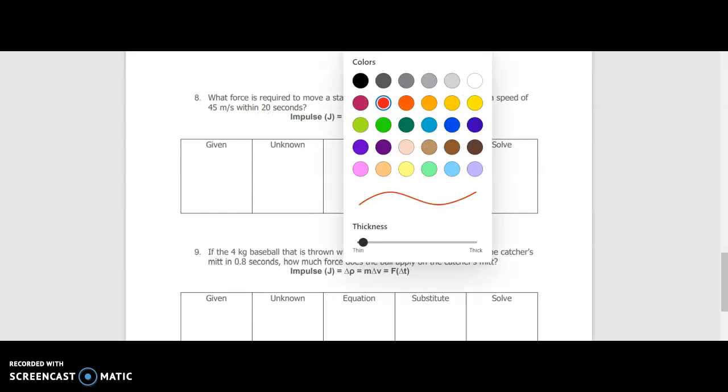All right, number 8. What force is required to move a stationary car with a mass of 12 kilograms to a speed of 45 meters per second within 20 seconds? All right, so we're given a lot of information. First thing we were given is it's a stationary car. It's starting off at 0.